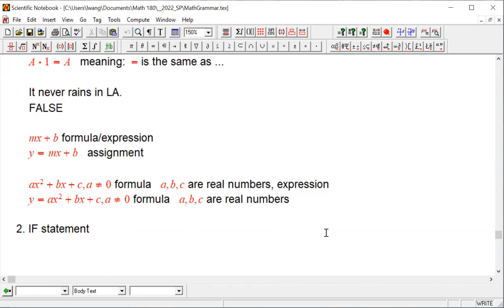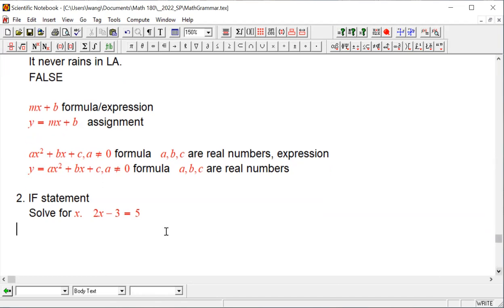If statement, right? You typically see these wordings when it asks you to solve for x, for example. Solve for x, and they give you something, say 2x minus 3 equals 5. What does that mean? This is actually an if statement.